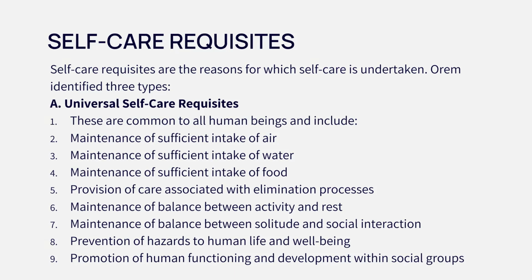And last is promotion of human functioning and development within social groups. These are the universal self-care requisites. Of the three types, the first is universal, which is common to each and every individual in the world.